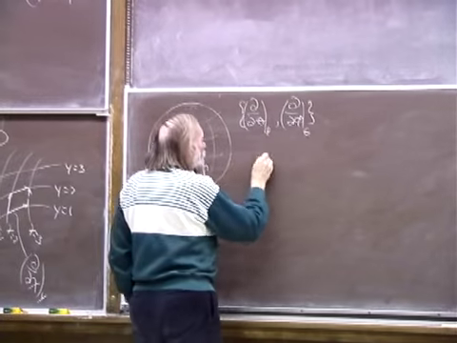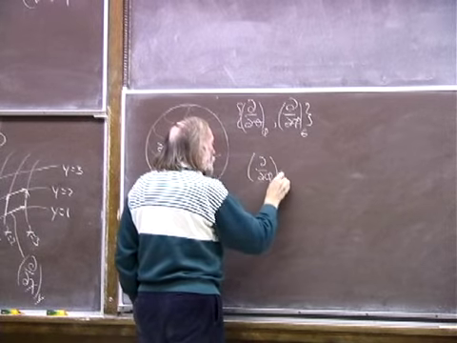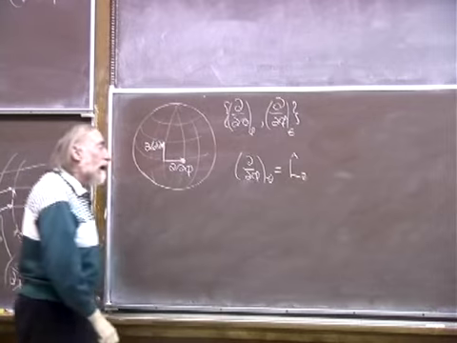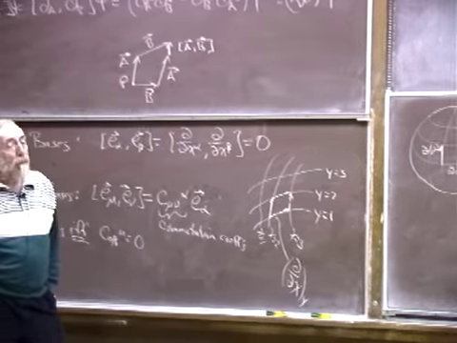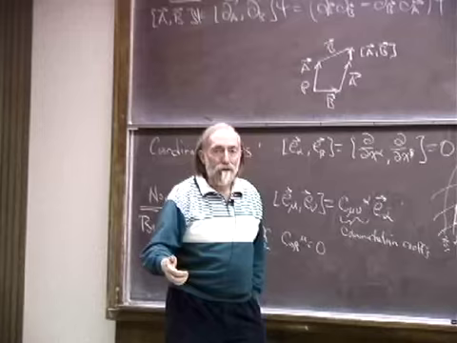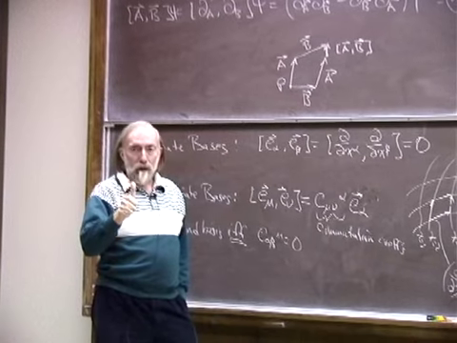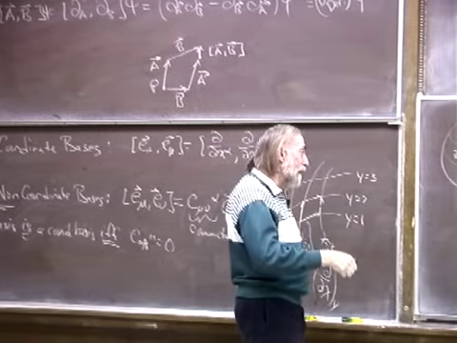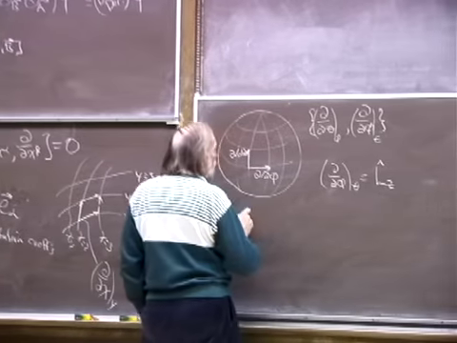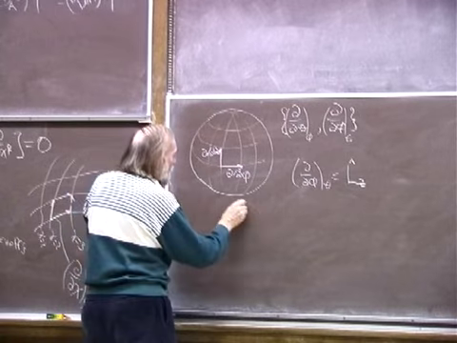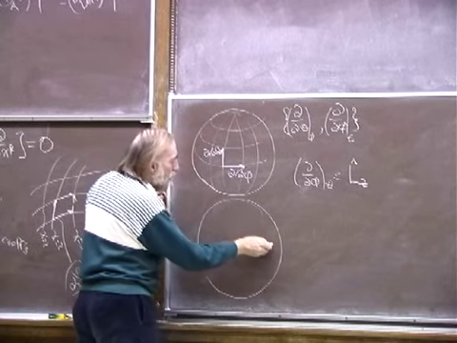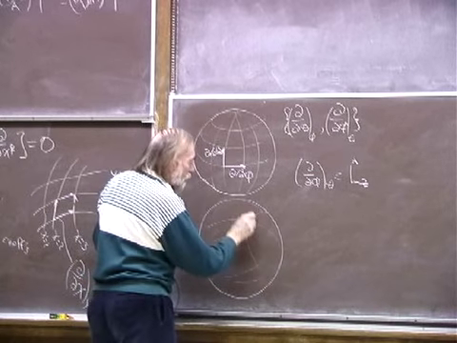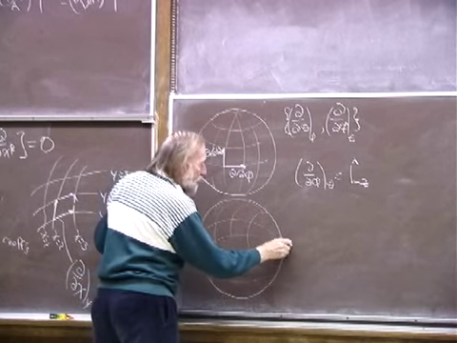And you may recall d by d phi at fixed theta is just the angular momentum operator, aside from a factor of i, associated with the z component of angular momentum in quantum mechanics. Now you can introduce on the surface of this sphere, similarly, a spherical polar coordinate system done around the x-axis.